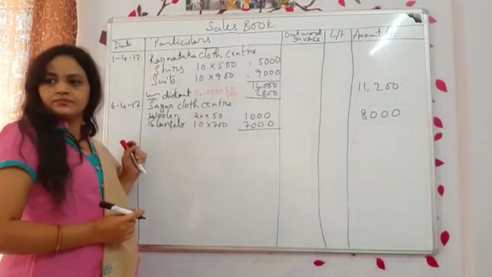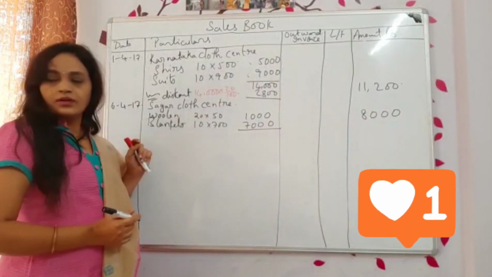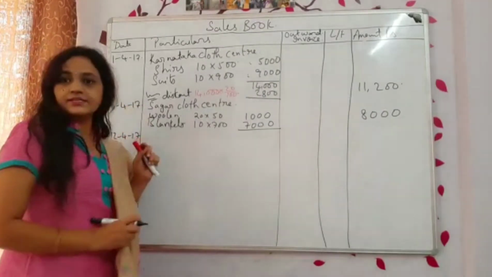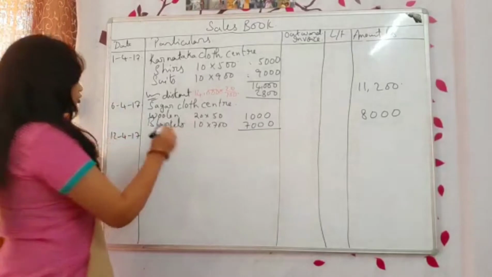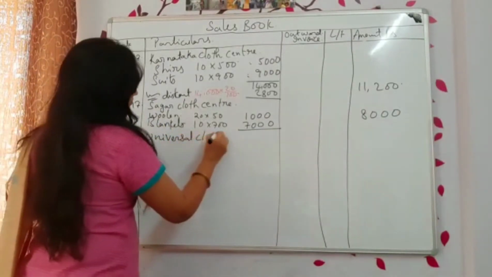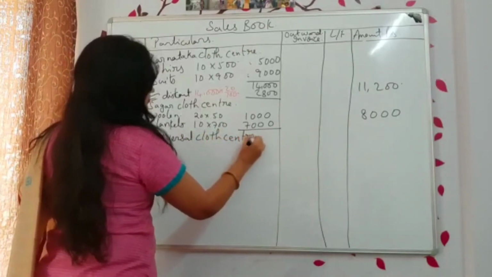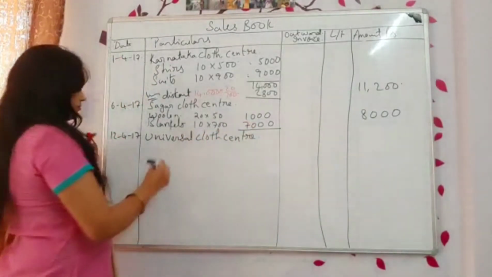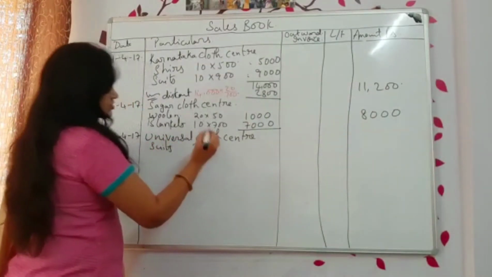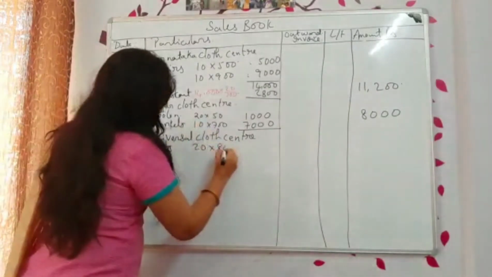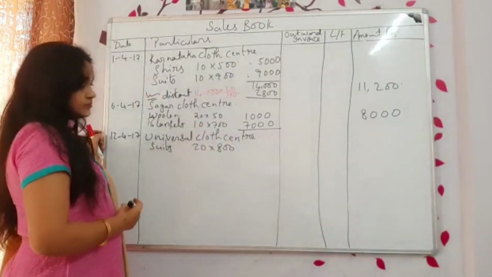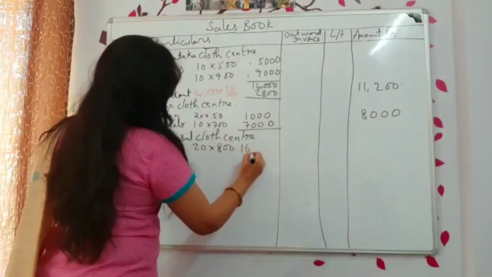Next transaction, 12/4/2017. You have sold to Universal Cloth Center. What did you sell? 20 suits at 800 per suit. 20 into 800 is 16,000.